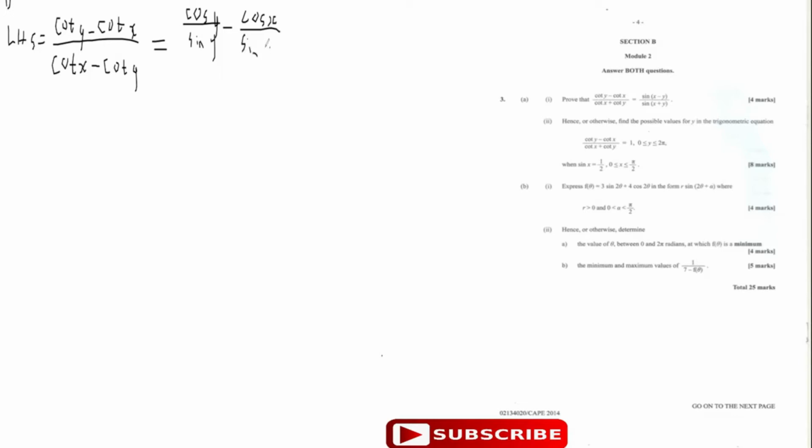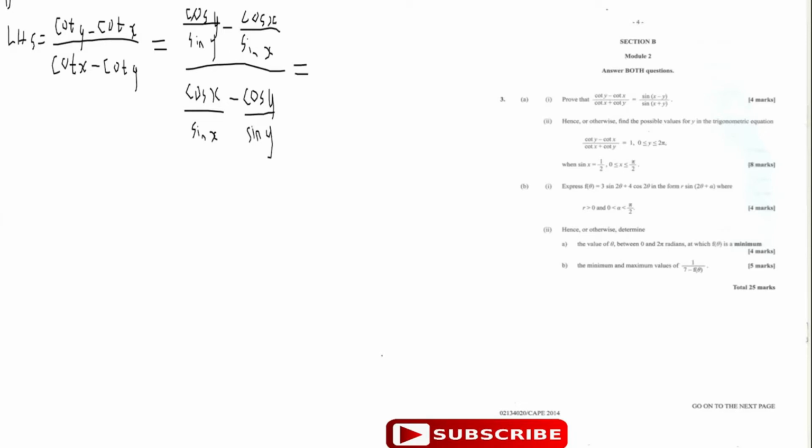And all of this is being divided by cot x, which is really cos x over sine x, minus cos y over sine y. Now that we do that, simplify.